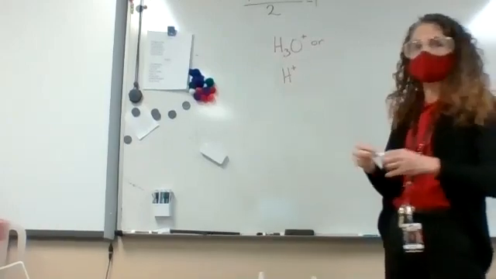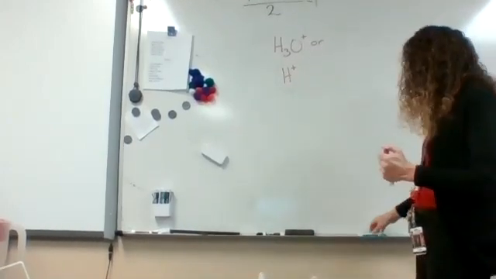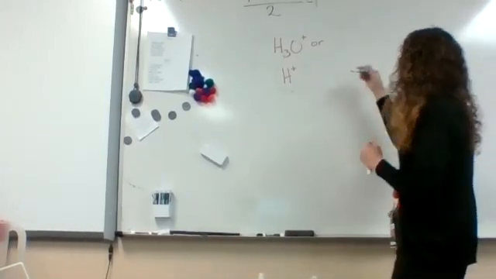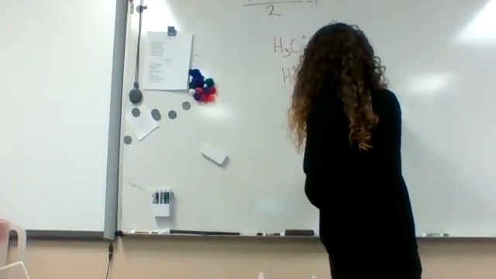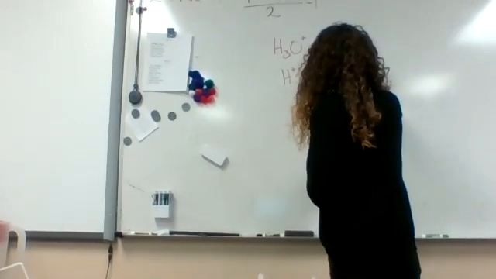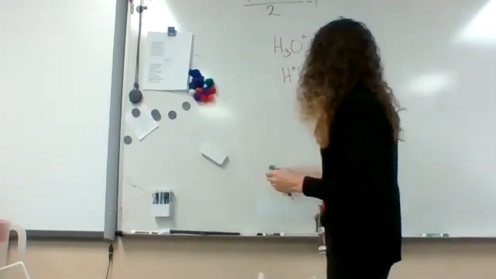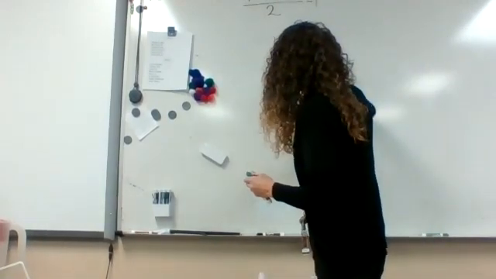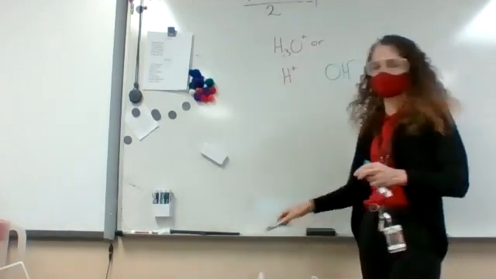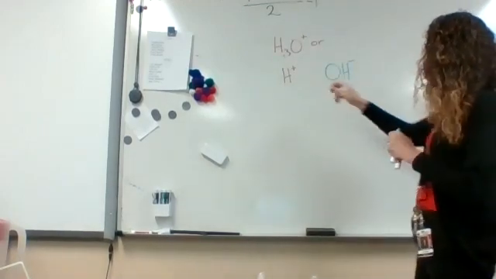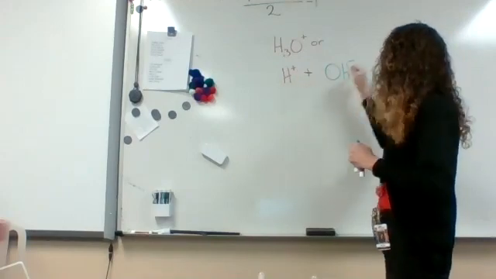So what makes something a base? Bree? OH minus. OH minus makes it a base. So what if I make a chemical equation out of this, and I have an H plus an OH minus?